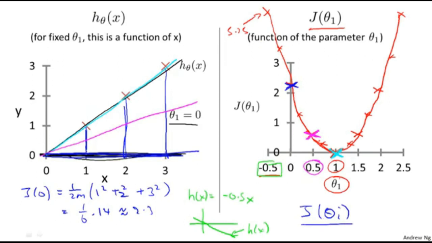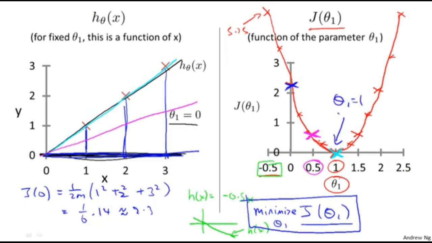Now, remember, the optimization objective for our learning algorithm is we want to choose the value of theta 1 that minimizes J of theta 1. This was our objective function for linear regression. Looking at this curve, the value that minimizes J of theta 1 is theta 1 equals 1.